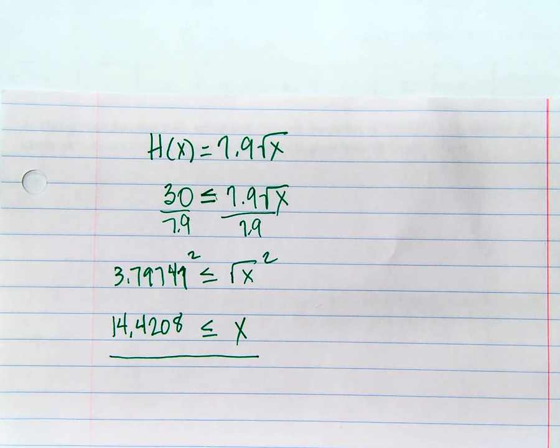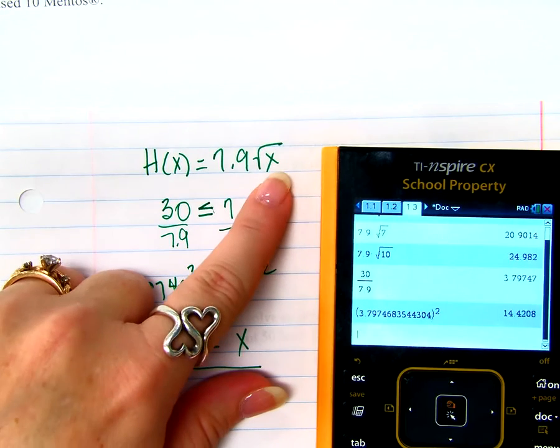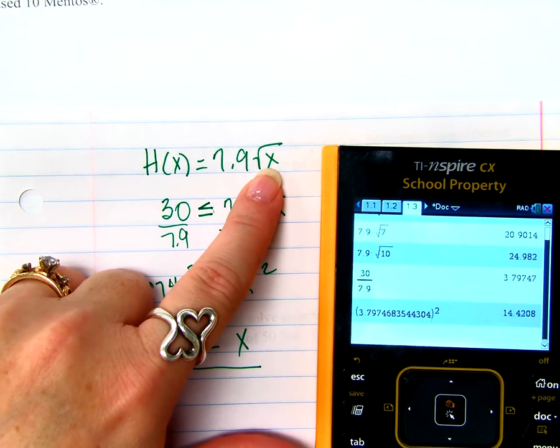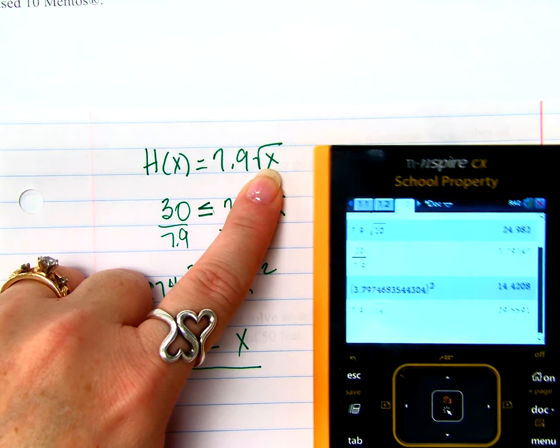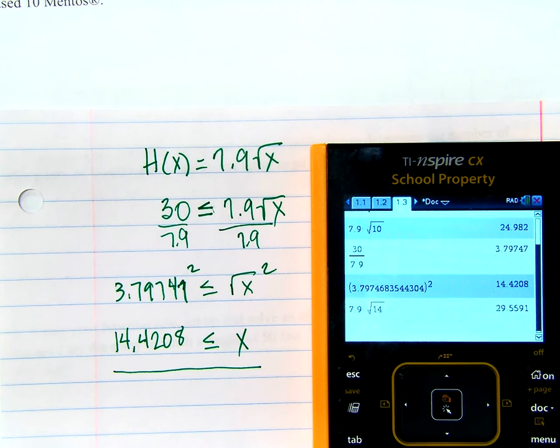So one of you said 15 and one of you said 14. So I want to show you something real quick. What would happen if I put 14 right here? 7.9 times the square root of 14. Boom. It has to be greater than 30, doesn't it?